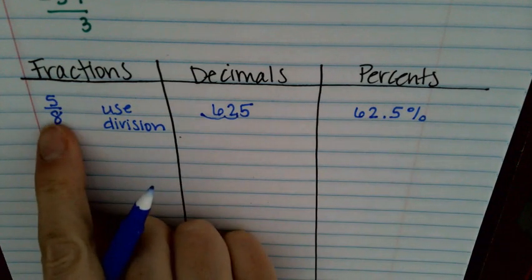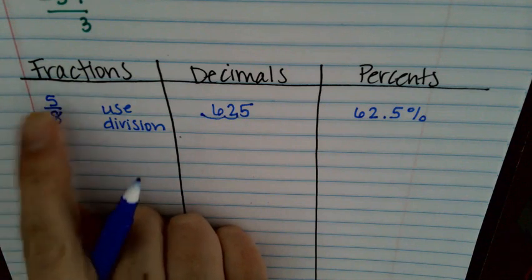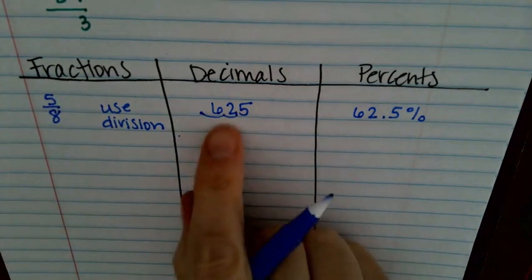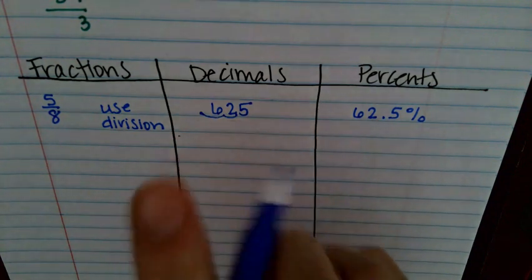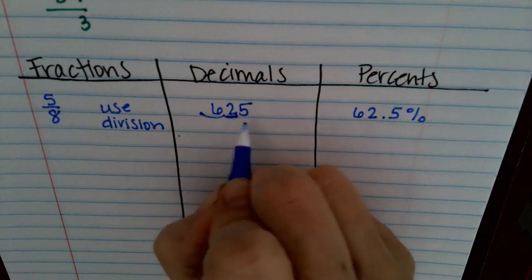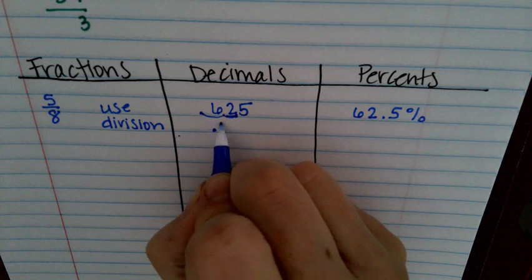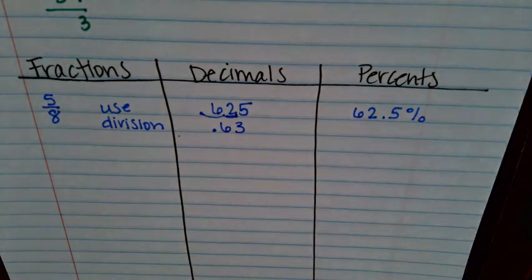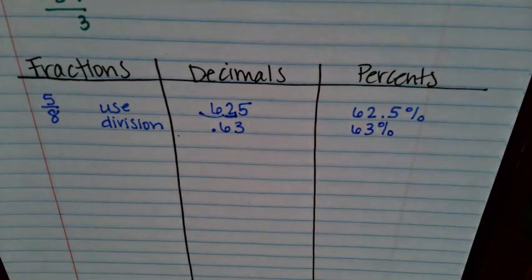Okay, now if you want, you can go ahead and round this. If you do, and you look at the 2, the 5 tells the 2. Remember, 5 or above, give the underlined number a shove. It would be 63 hundredths, which converts to 63%. Okay?